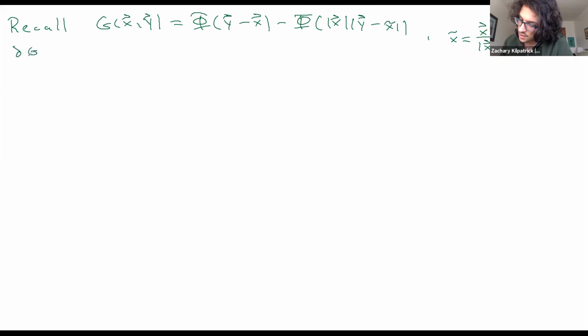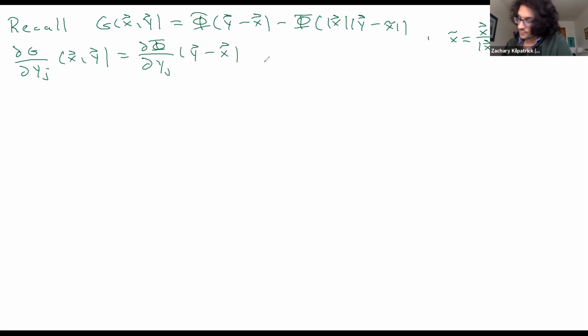Okay. So then I just have to do a bunch of partial differentiation if I want to get the normal derivative there. So this is going to be the yj derivative of phi of y minus x, minus the yj derivative of phi of x times y minus x tilde.